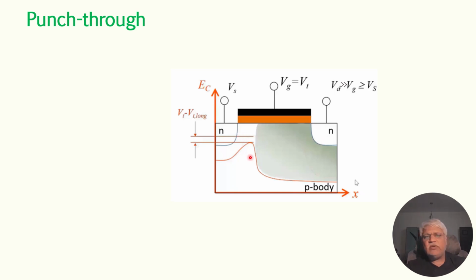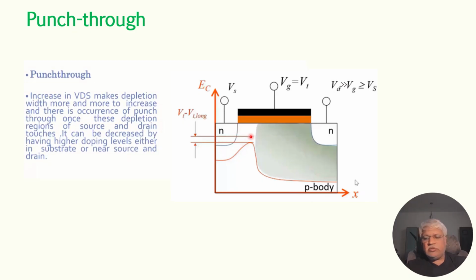For now, let us keep aside the drain induced barrier lowering phenomenon. We also need to consider the source, which is at the same bias voltage, but there will be very little depletion layer around it.